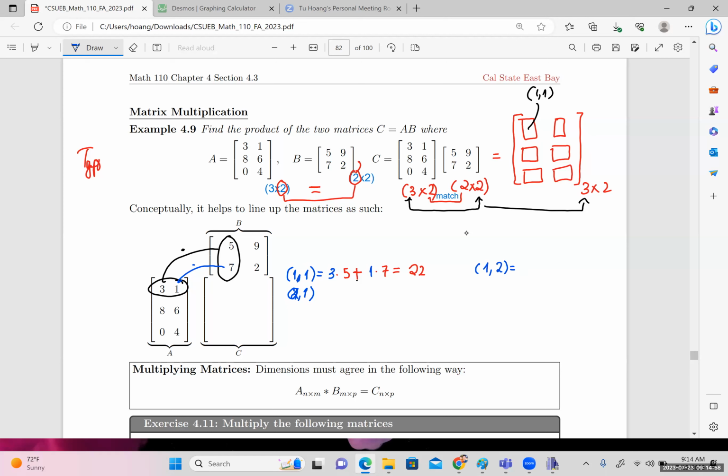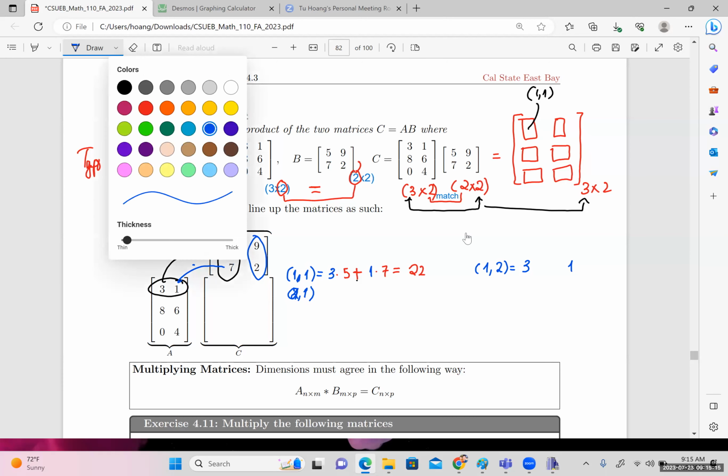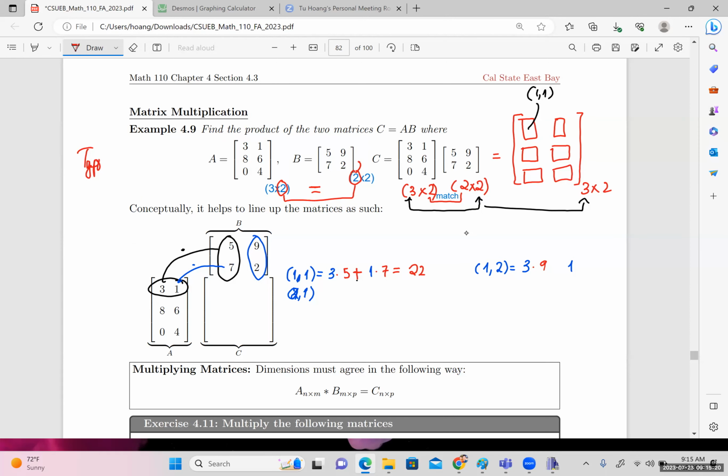So we keep using row 1 this time, but column 2 from B. So 3, 1 times 9 plus 1 times 2. That gives us 27 plus 2, 29. All right, so I put 22, 29 for the first row of the product matrix.